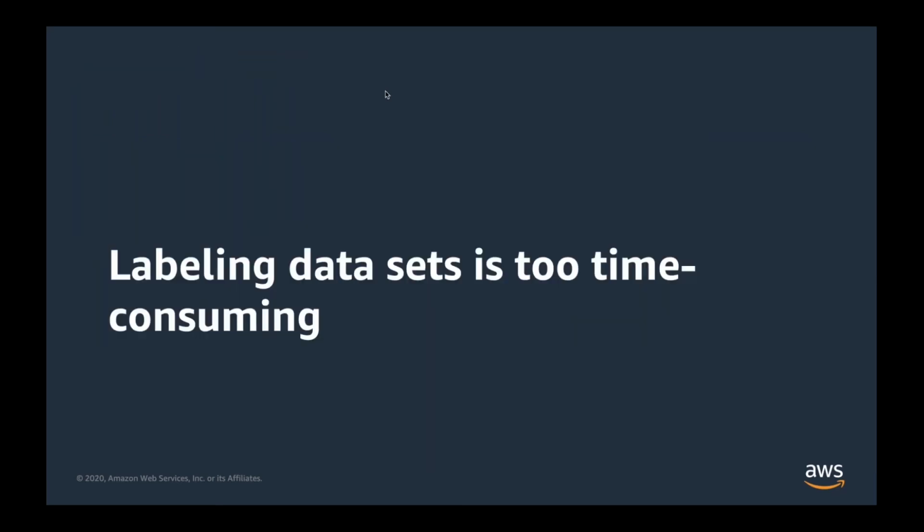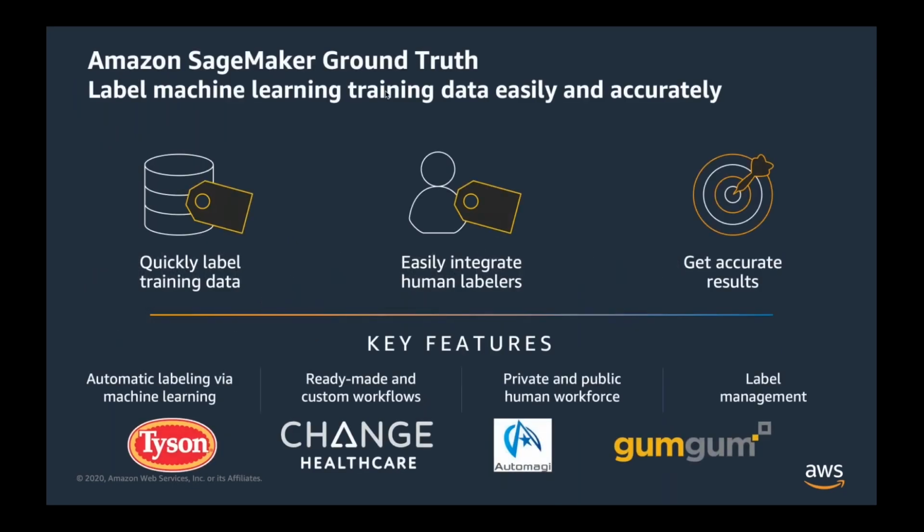So Ground Truth is one of the services that we have here that really helps with labeling those large data sets, right? It does a couple of things. It lets you quickly label that training data. It gives you the ability to easily integrate with human labelers. It gives you accurate results, and it also helps with some pricing issues too, and we'll talk about that as well.